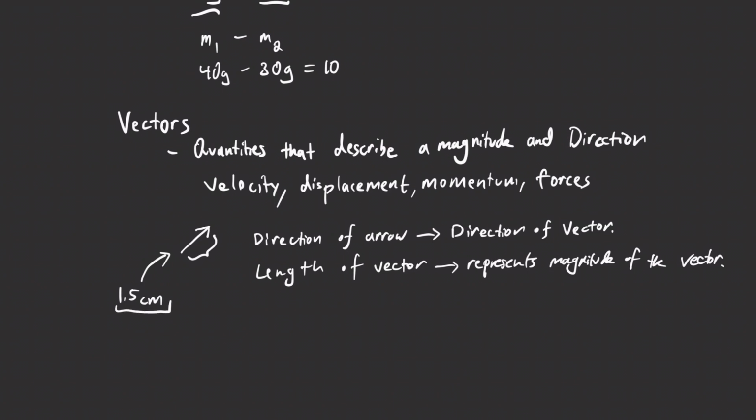So that's the literal length of that vector. However, it could represent something like 5 meters per second, which is a velocity. So if we were to draw an arrow twice as long, this would represent 10 meters per second. Once again, that's velocity.